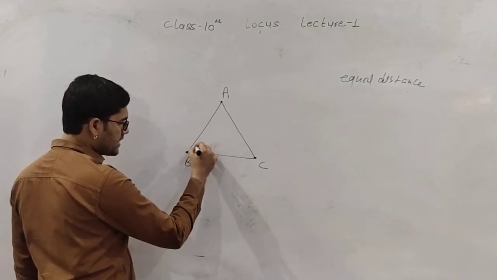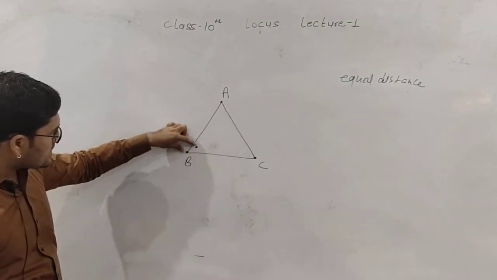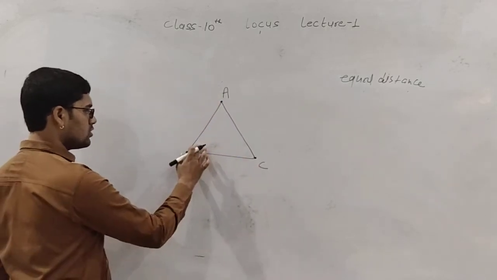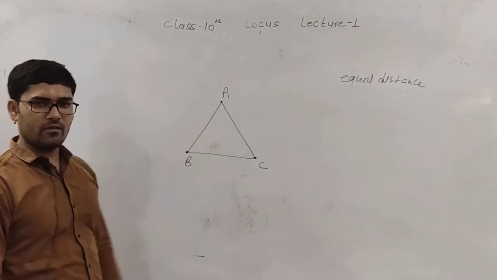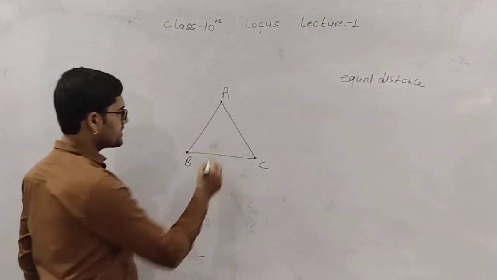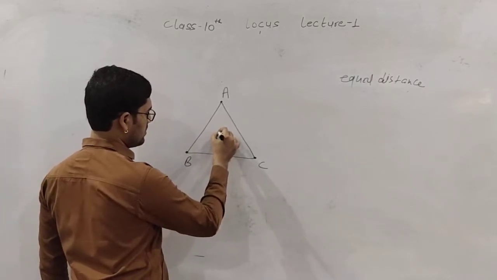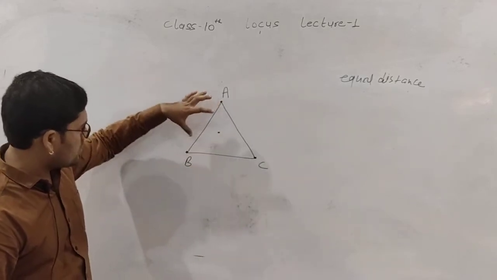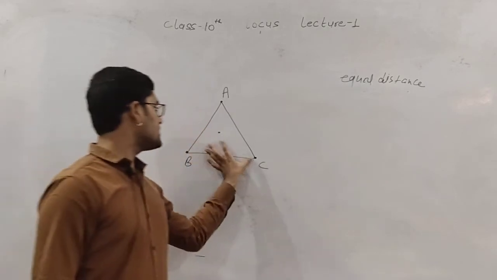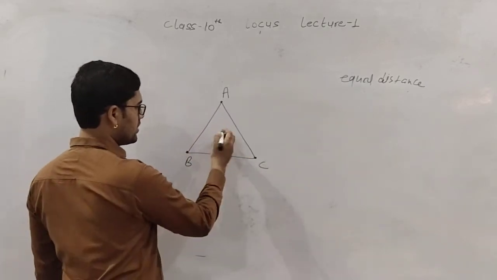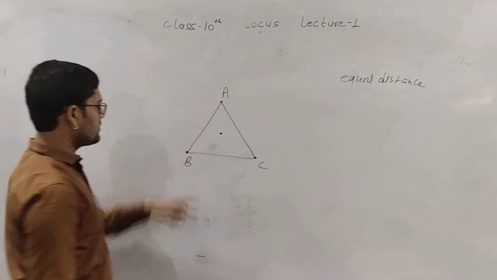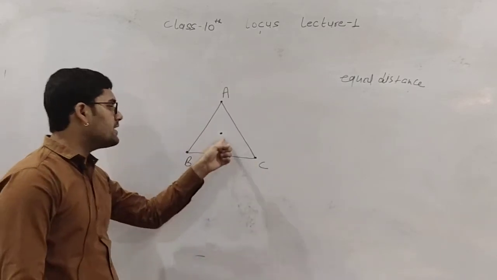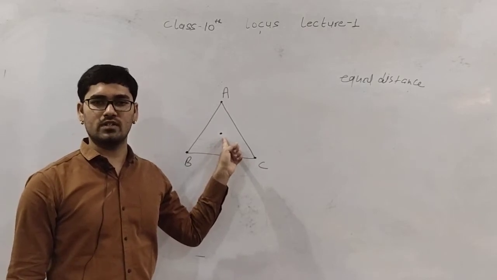If I have placed a point here, is this distance and this one equal? Again, no. So for example, this is the point which is at equal distance from A, from B and from C. If the distance is equal, then it is said to be a locus, right?